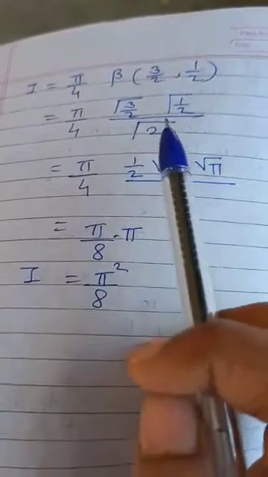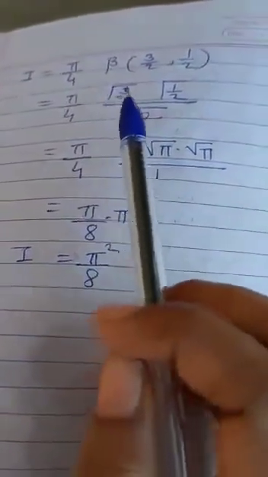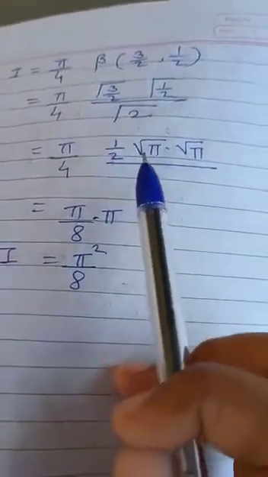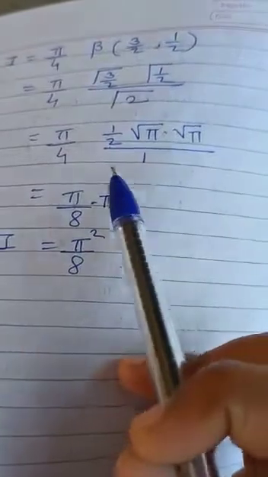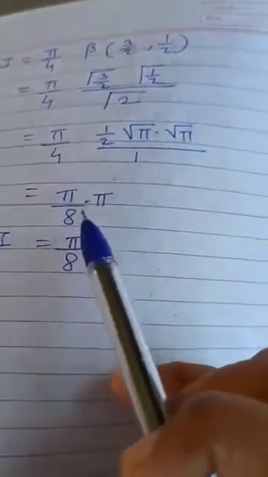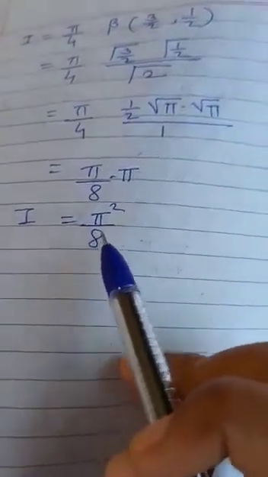So 3 by 2 plus 1 by 2 is 2, gamma of 2. Pi by 4 as it is, gamma 3 by 2 is 1 by 2 root pi, gamma of half is root pi, upon gamma of 2, which is 1. So the answer will be pi by 8 into pi. That means the final answer is pi square upon 8.